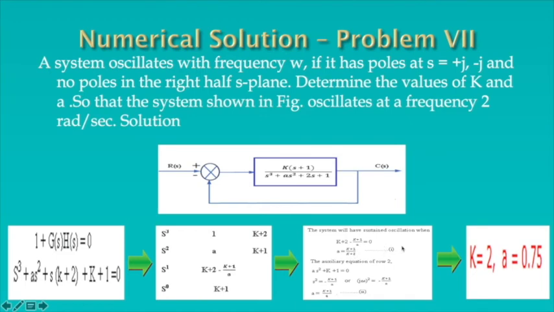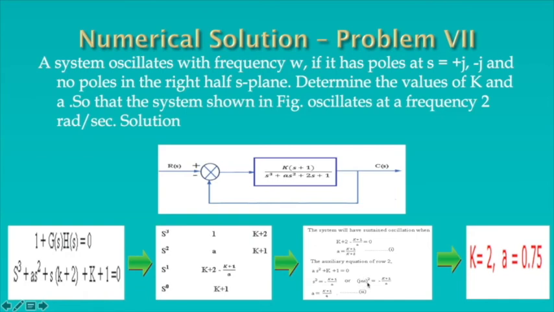This is equation 1. So if this third row is entirely 0, then taking the auxiliary equation, a s square plus k plus 1 equal to 0. Then from the auxiliary equation, find s square equal to this value. So s is given as plus minus j omega.